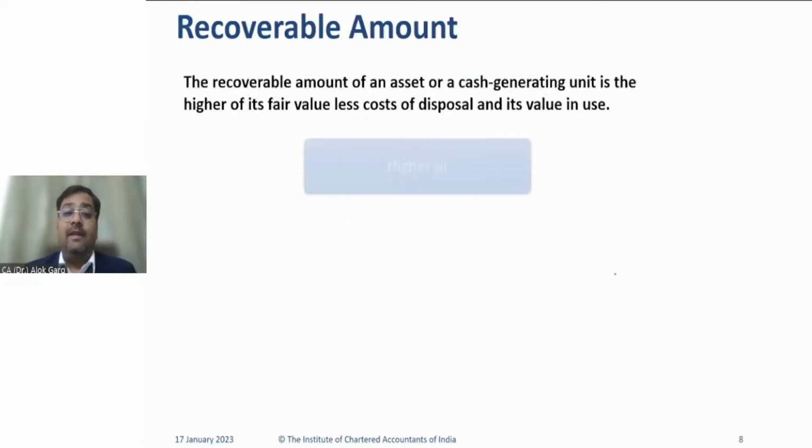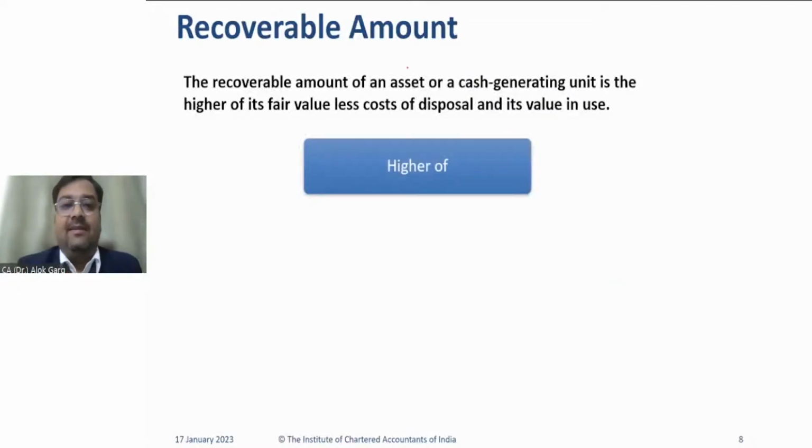Now, what is meant by recoverable amount? Recoverable amount of an asset. I have told you that we will be going to talk about asset or cash generating unit, asset or group of assets, right?